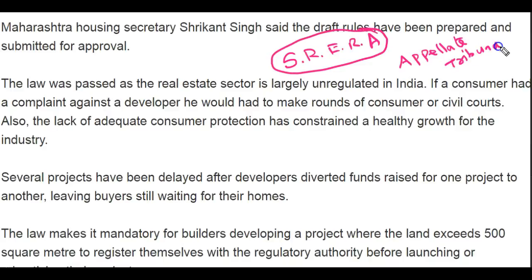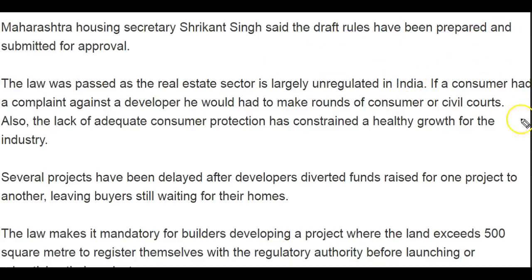Don't forget these points, which are very important for the mains examination. The state government has to set up the Real Estate Regulatory Authority and Real Estate Appellate Tribunal for complaints registered by the home buyers.